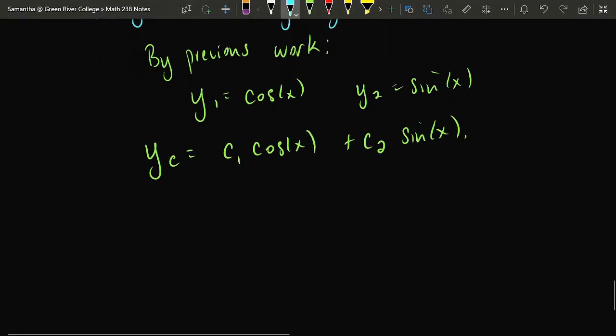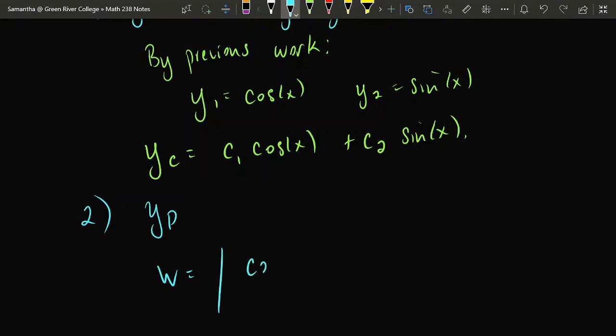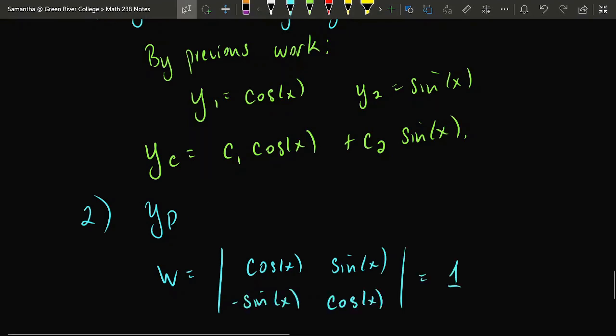Now let's begin the real work of finding the particular solution. And since the y1 and y2 have not changed, then the Wronskian will also be unchanged. It's still going to simplify just to 1.